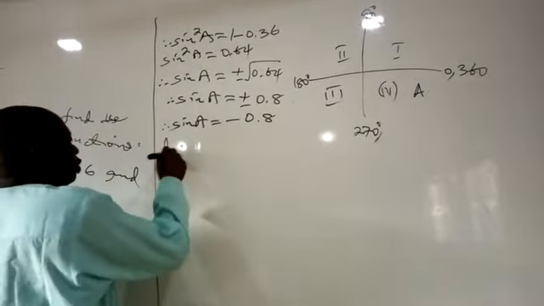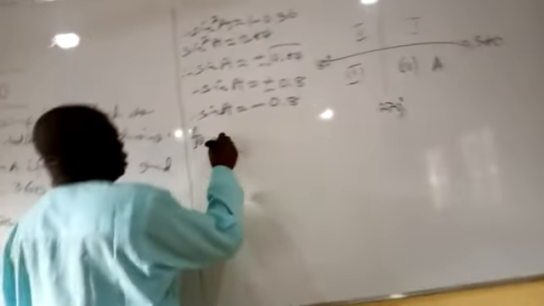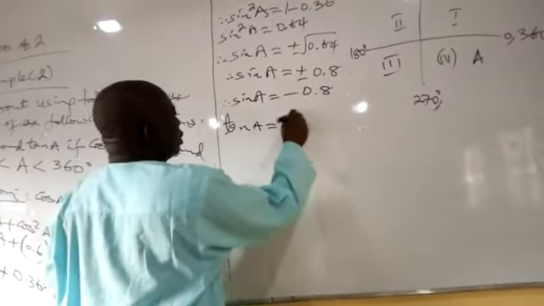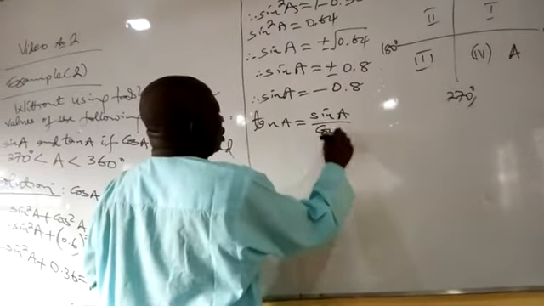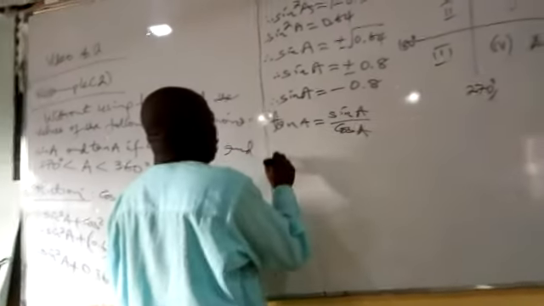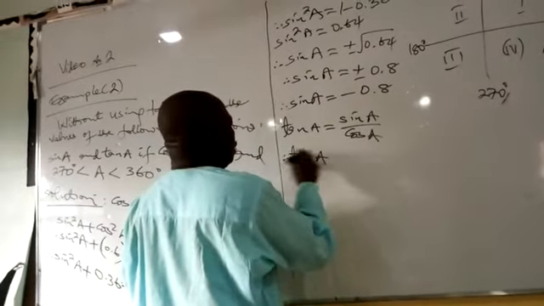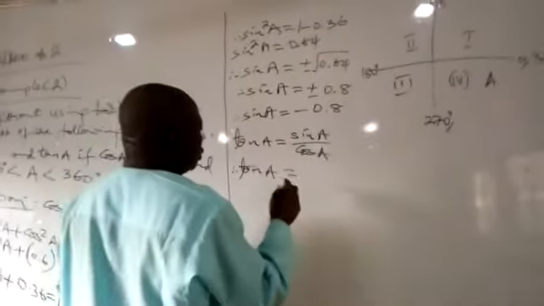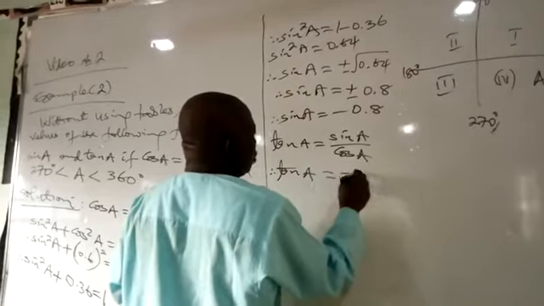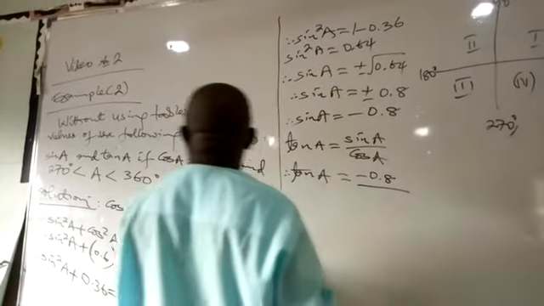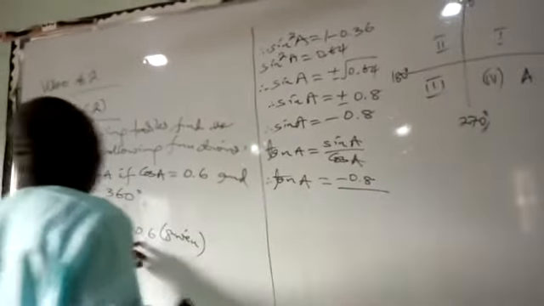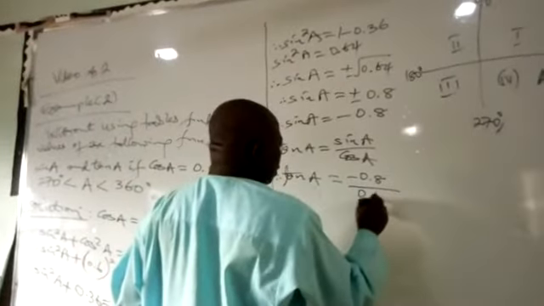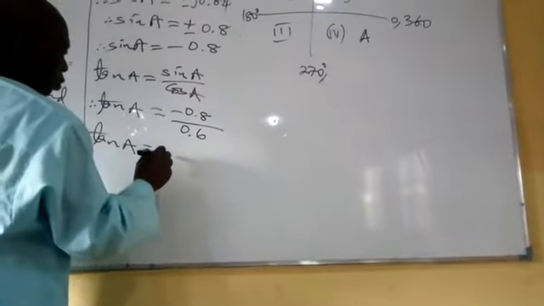Now, how do we find the value of tan A? What is the relationship between tan A, cos A, and sin A? Tan A is equal to sin A over cos A. Sin A has just been found to be minus 0.8, over cos A, which is 0.6.